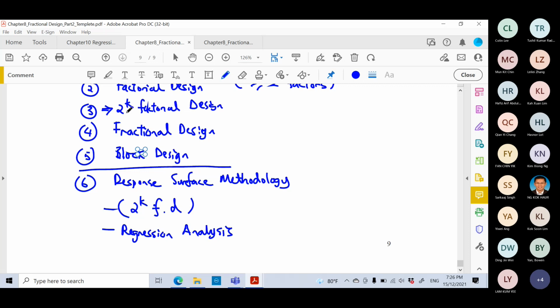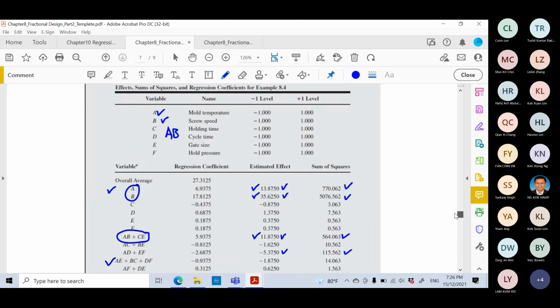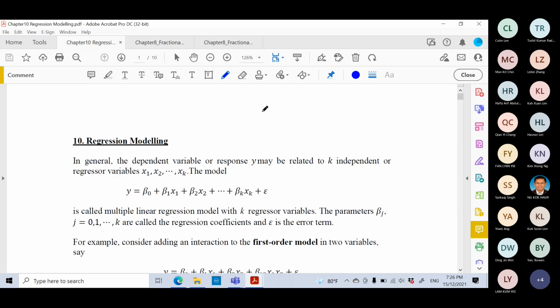Actually, the idea comes from the effects. We will go through the regression coefficients for the 2 power k factorial design, even though the fractional also can do that. This leads you to this section.